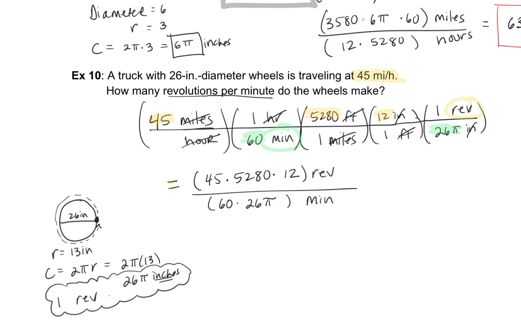Pull out your calculator, take all the numbers in the numerator, multiply them all out, get some big giant number, and divide by everything you have in the denominator. Okay, and we should get about 581.8 revolutions per minute.